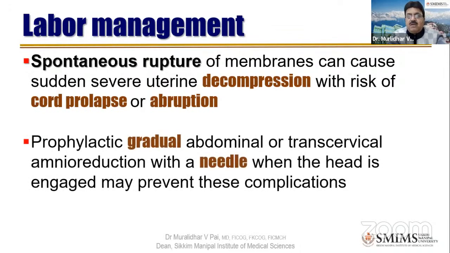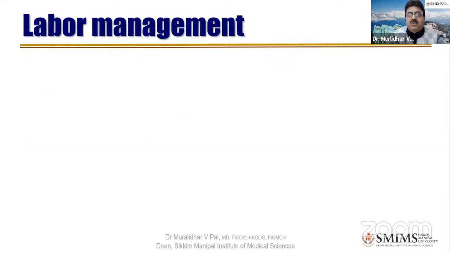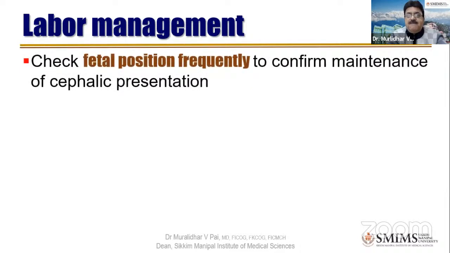So a controlled AROM, PROM can be done. Prophylactic gradual abdominal and transcervical amnioreduction with a needle when the head is engaged. I would like to underline this, when the head is engaged, may prevent these complications. Check fetal position frequently to confirm maintenance of cephalic presentation.